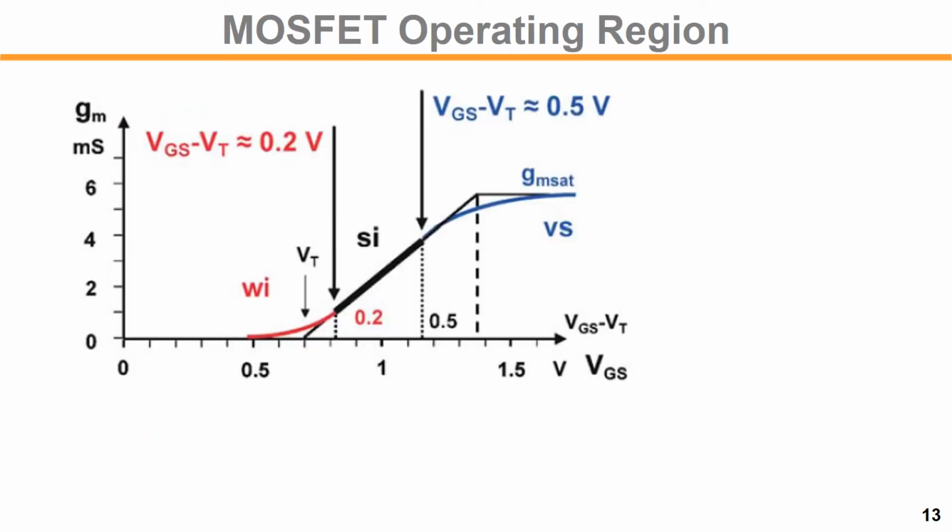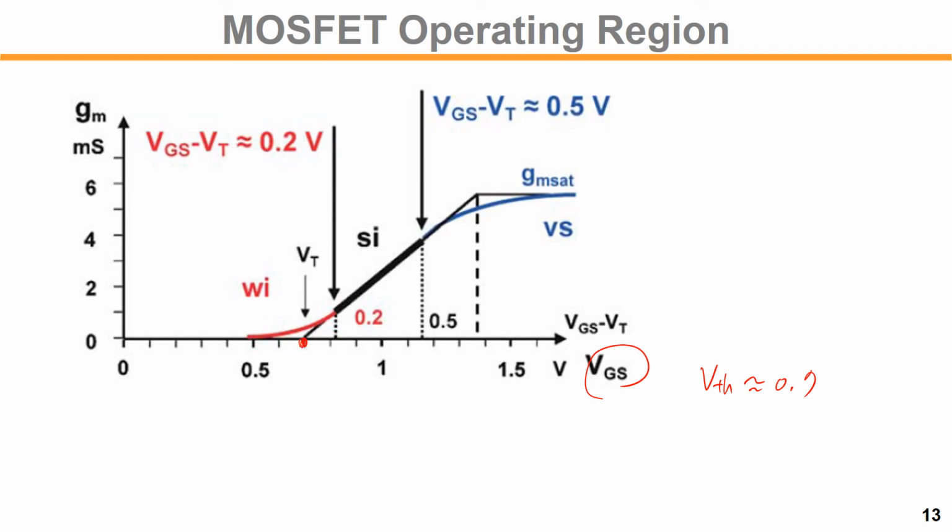This is just an example for a certain device. As we vary the VGS, we get different GM curves like shown here. From this it seems like around 0.7 is VTH.